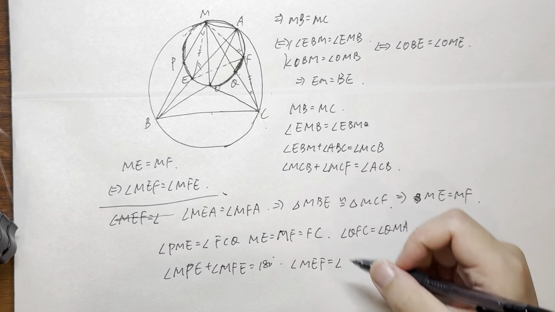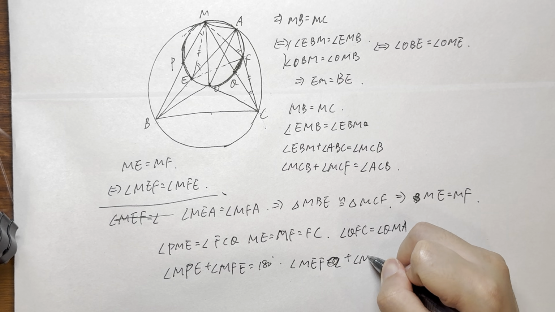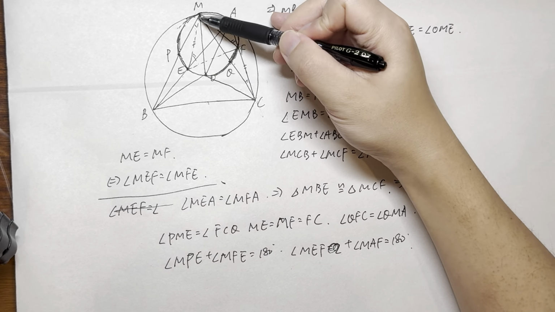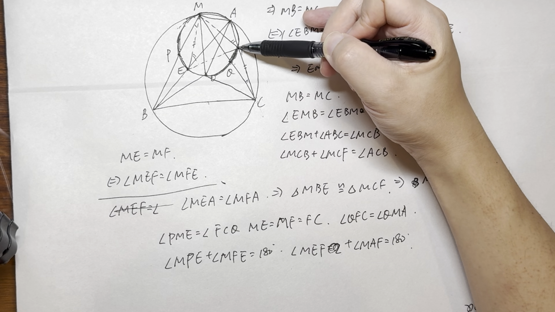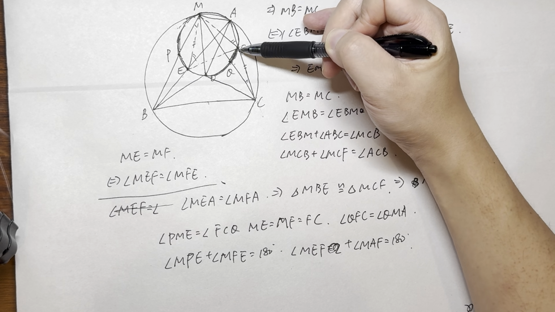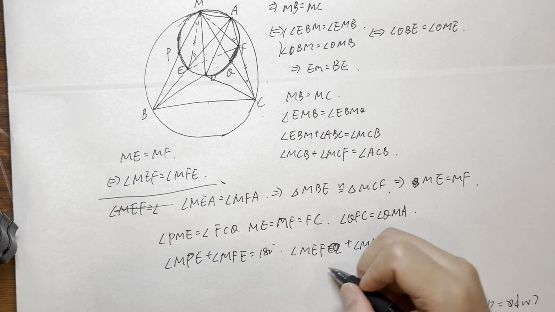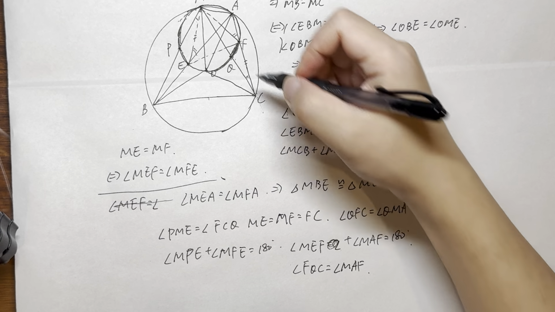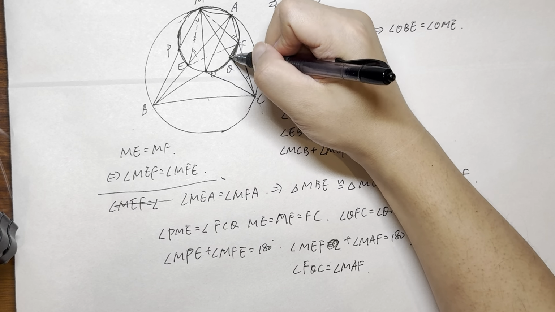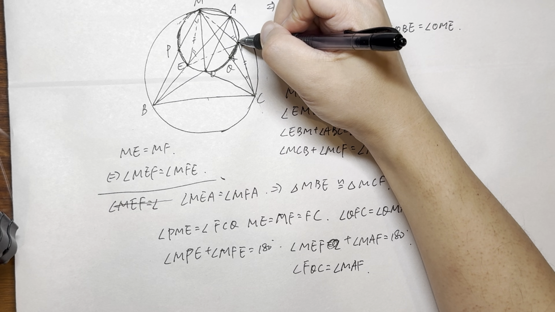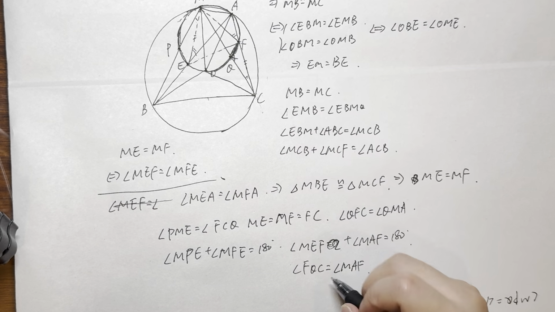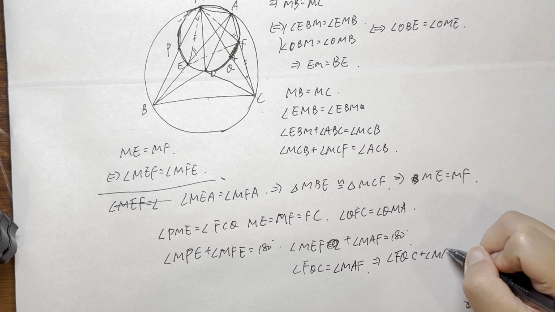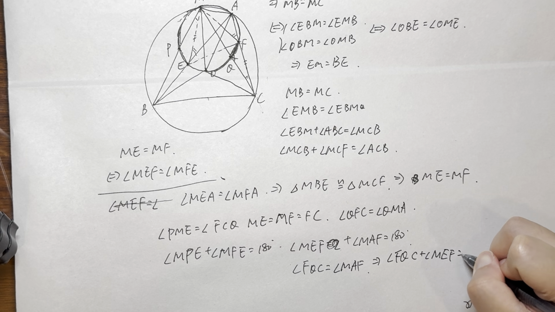The angle MEF plus angle MAF equals 180 degrees, and angle FQC equals angle MAF, right? This one. FQC equals angle MAF, which means angle FQC plus angle MEF equals 180 degrees.